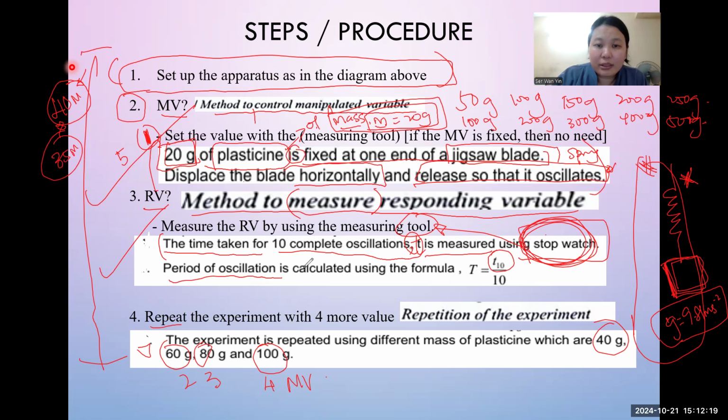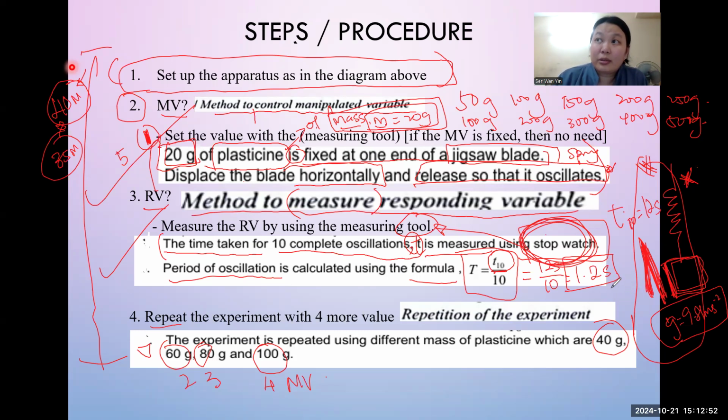So the period of oscillation is calculated using the formula T equals time for 10 oscillations divided by 10. So just now the time is 1, 2, 3, 4, 5, 6, 7, 8, 9, 10. Let's say your time is 12 seconds. You will use 12 seconds divided by 10 oscillations, so one oscillation is 1.2 seconds.